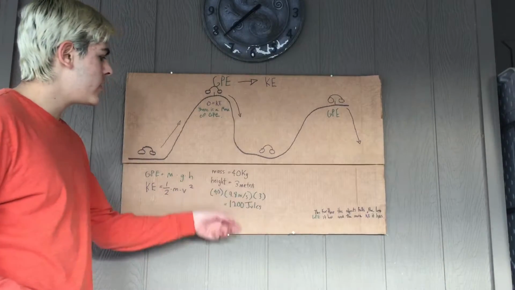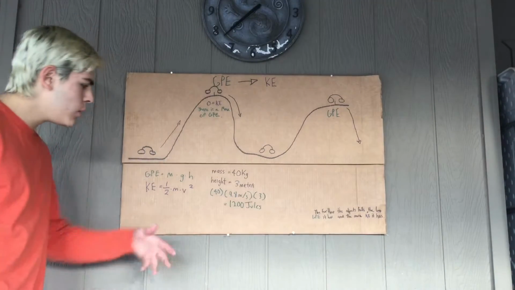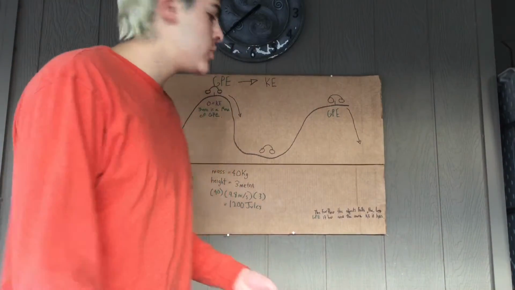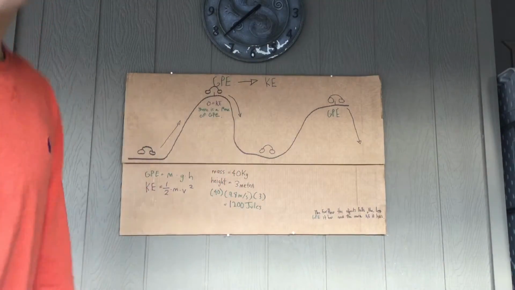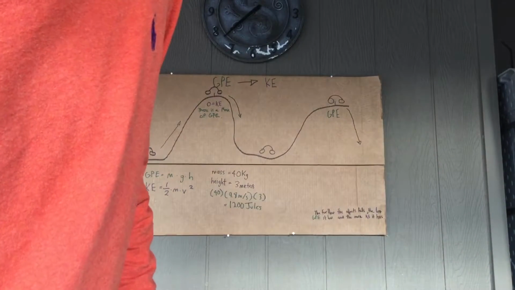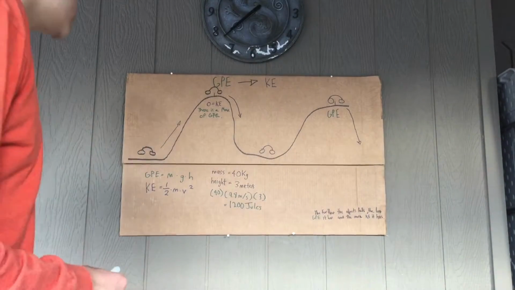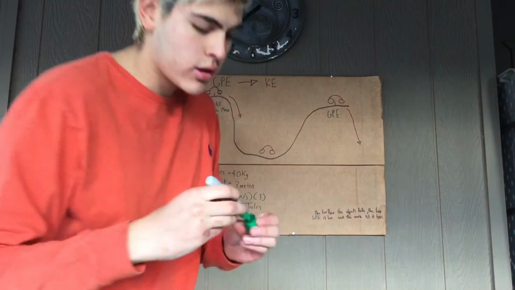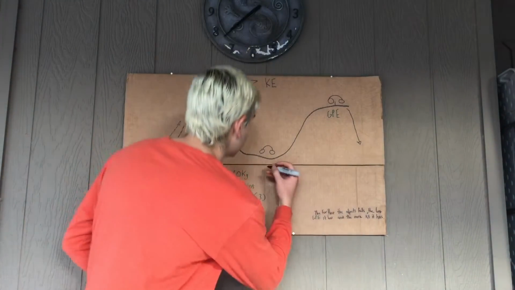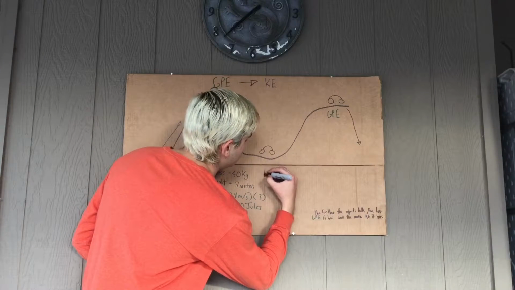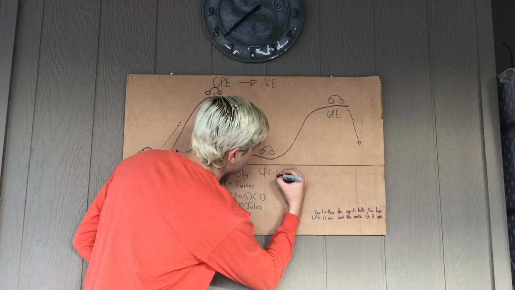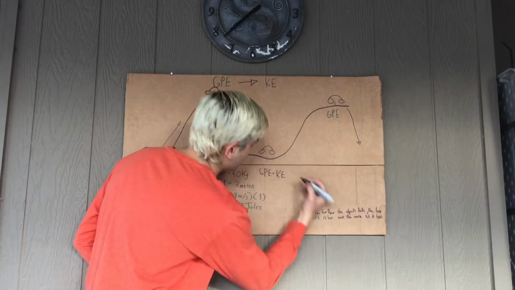So we found that, and it continues on, and it tells us to find its kinetic energy. For this, let me get a different marker to show you. We do PE is equal to kinetic energy.